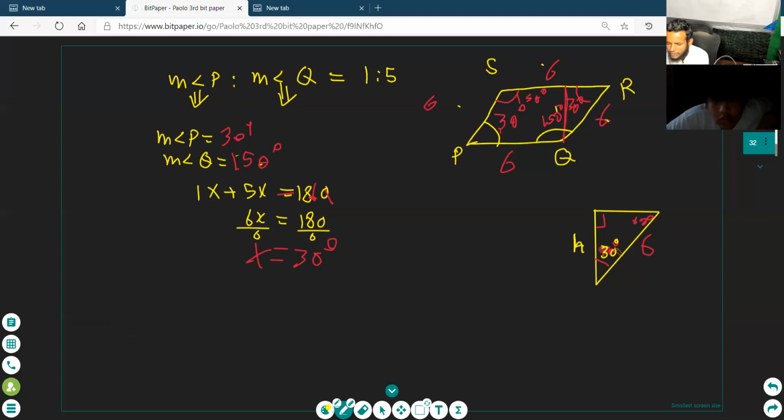You can use any formula: sine, cos, tan. What is the formula? Write the formulas of sine theta, cos theta, and tan theta. Can you tell me the formula of sine theta?